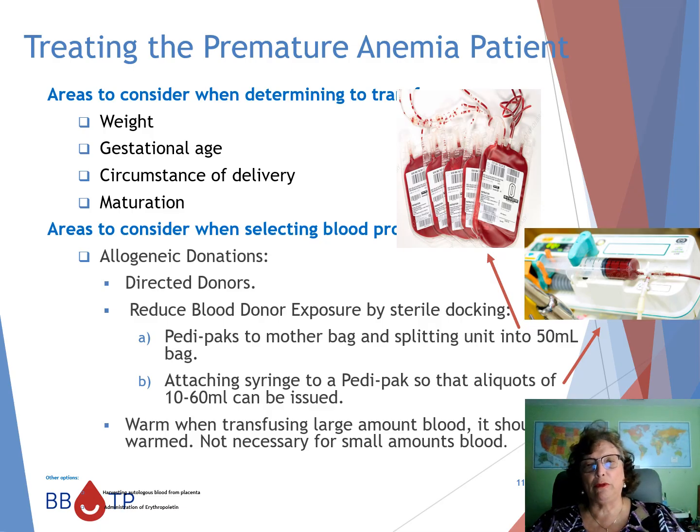And usually you're requiring approximately 20 to 30 mLs of blood being pulled off from these PD packs. When warming, it is necessary to warm red cells when we're talking about a large volume, like in a cardiac patient, where they're taking the child or the infant to cardiac surgery. You will want to warm them up when they're receiving large amounts, but it's not necessary when we're receiving small amounts.